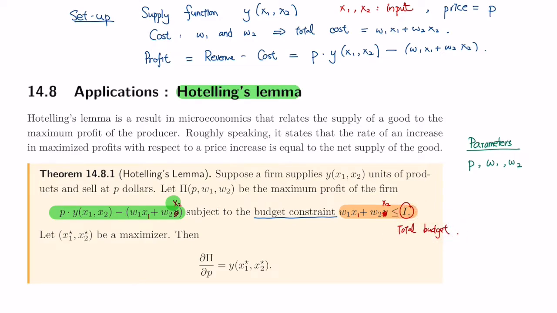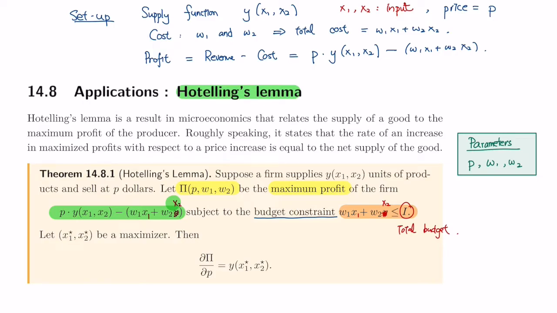It's just the setup in Hotelling's lemma. So these are the parameters. For each fixed collection of parameters, you can find the maximum profit, which is called pi. For different sets of parameters, you will get different maximum profit. That's why pi depends on P, W1, and W2.